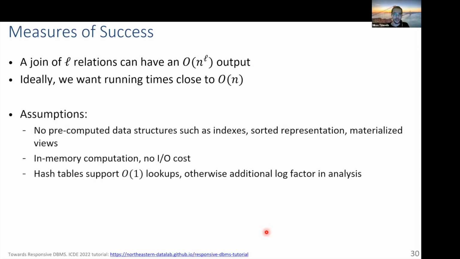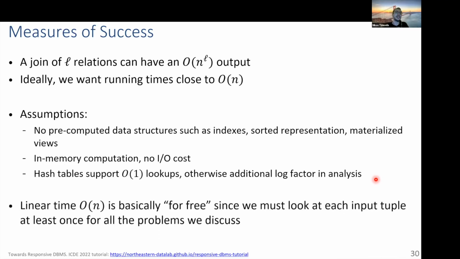Some assumptions that we use are that there are no pre-computed data structures like indexes, and we mainly focus on in-memory computation, so we don't consider an I/O model. And for our analysis, we also assume that hash tables support constant time lookups. Otherwise, the formulas have to be modified, essentially multiplied by some logarithmic factor.